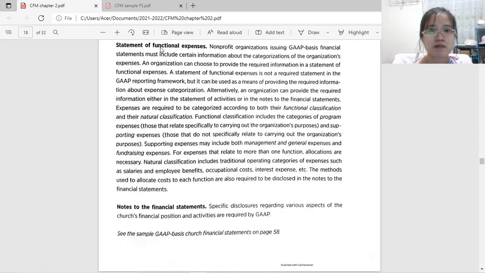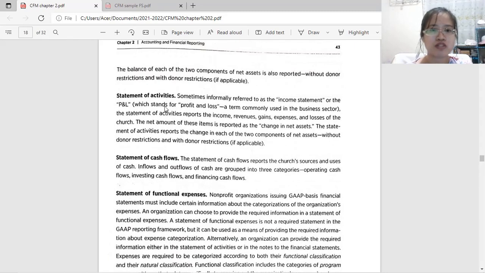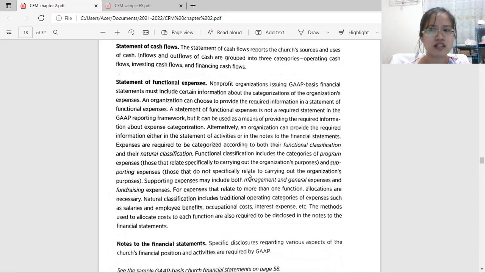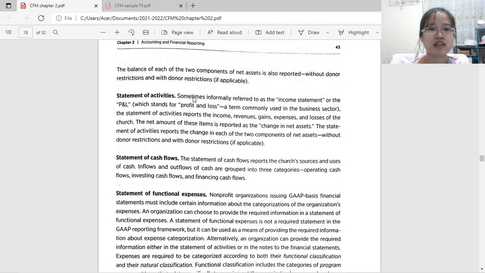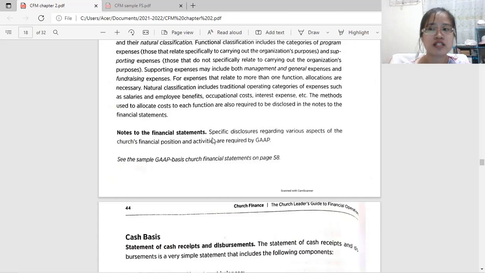Statement of functional expenses. Essentially, this is a type of statement of activities wherein you classify the expenses based on their functions. But for the most part, that's already what we do in creating a statement of activities. And then we have the notes to the financial statements.